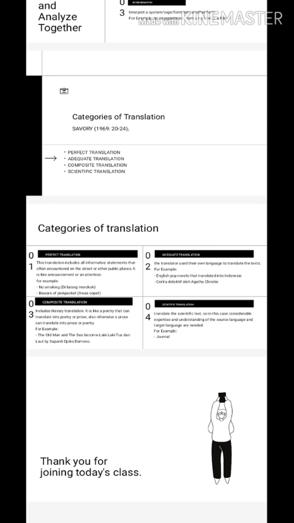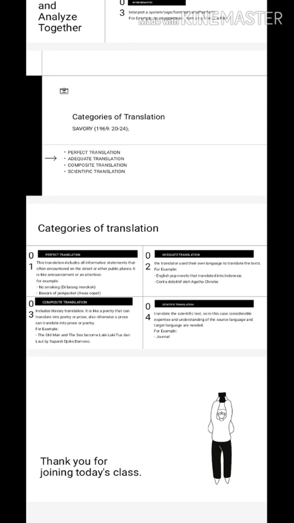Number 2, adequate translation. The purpose of this translation is to give entertainment for the readers. Here, the translator uses their own language to translate the text, and the readers just want to get the information regardless of the real script or text.